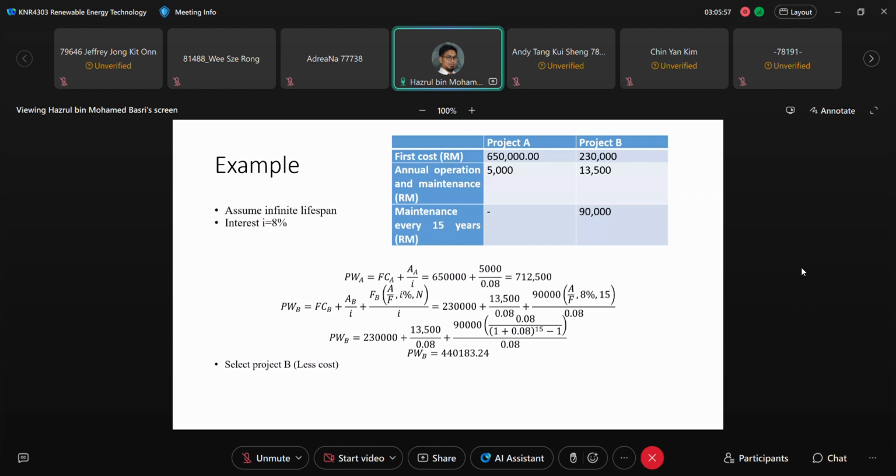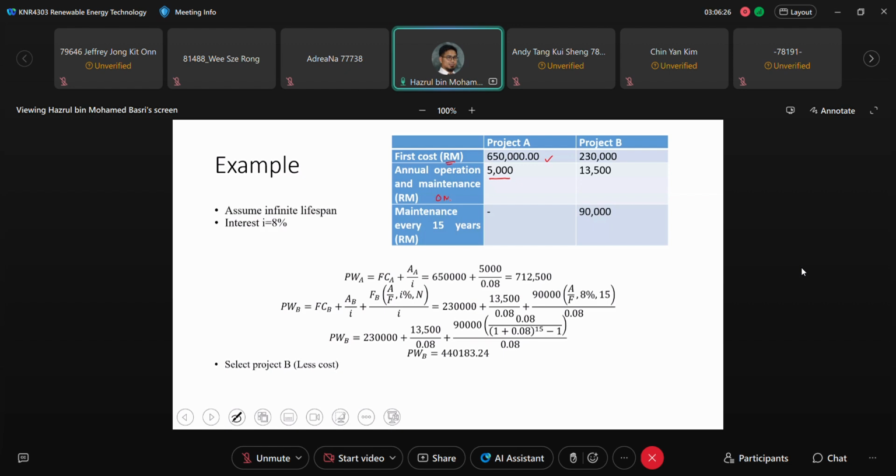Now we have two projects, project A and project B. Project A, you need to spend the first cost of around 650,000 ringgit. Every year, you need to spend around 5,000 ringgit for operation and maintenance, the OM.